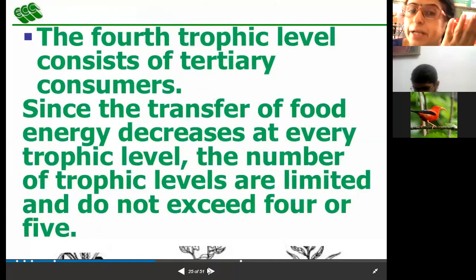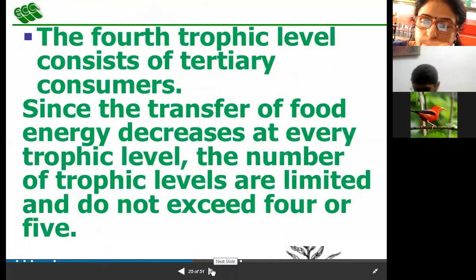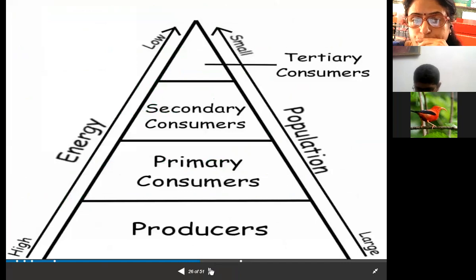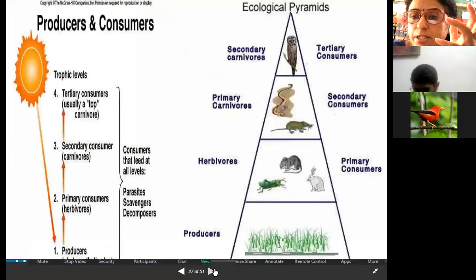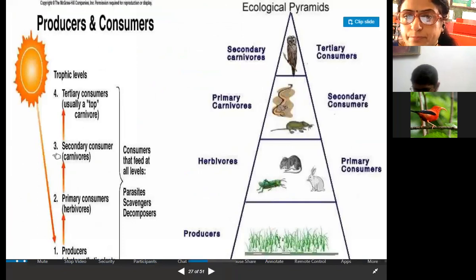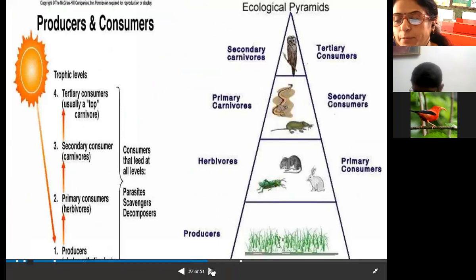Now, if only 10% of available energy is transferred, then where has that energy gone? The 90% which was not transferred, where did it go? Is there anyone who can give me the answer?